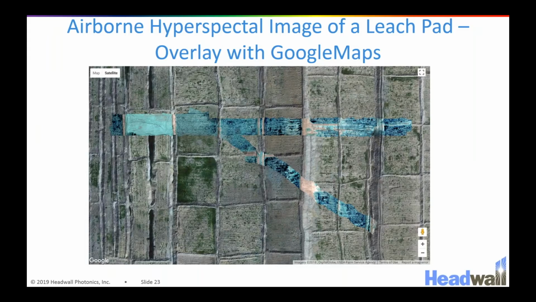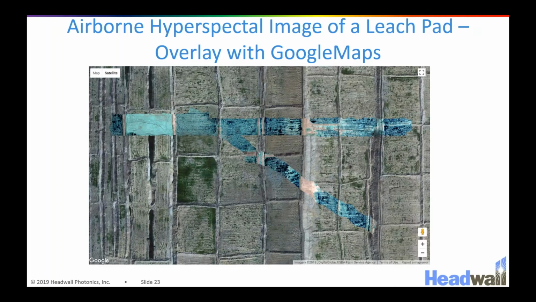And so now this is just another brief example of when we flew over a leach pad. So this is, again, mining-like data. And the ground truthing of this data is still basically being worked on.